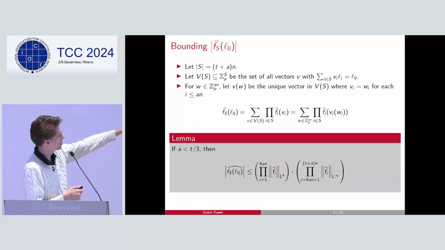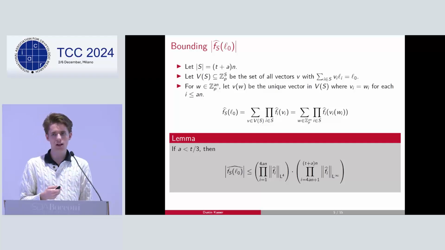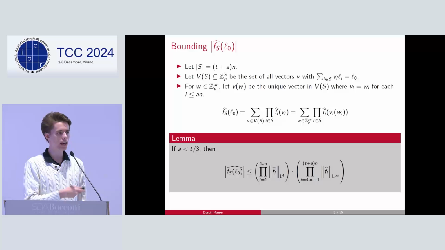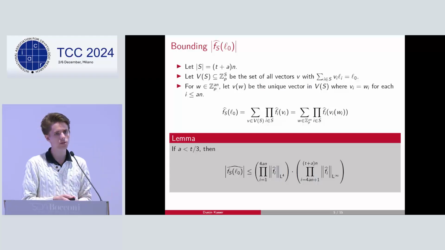So what does this final thing I've written down as a lemma mean? Basically, it's a measure of how much structure each of these F_i individually have. The L infinity norm measures their total structure, whereas the L4 norm measures their average structure, with a lot more weight being given to the peaks.